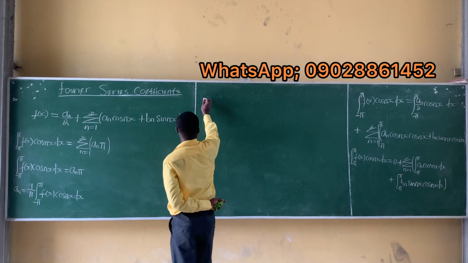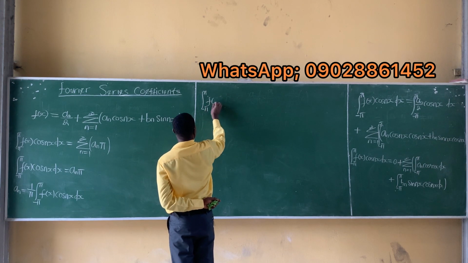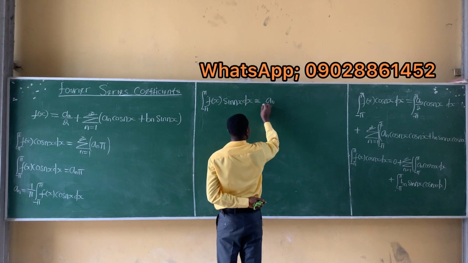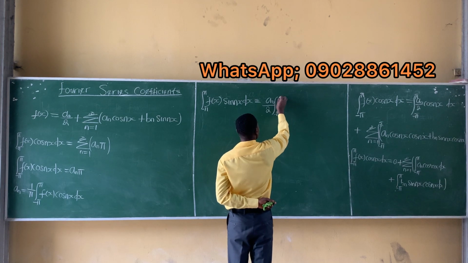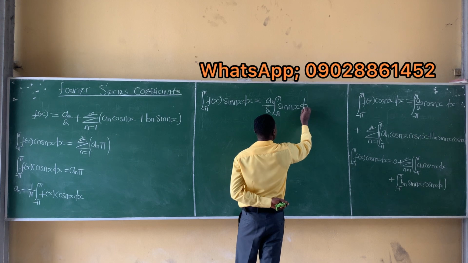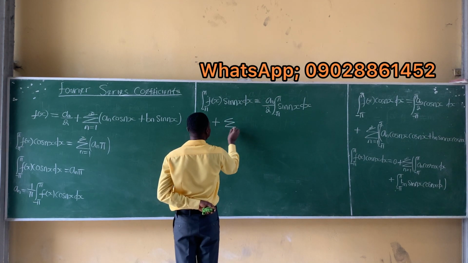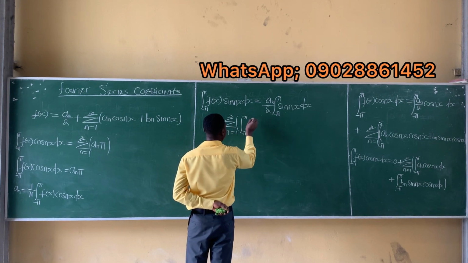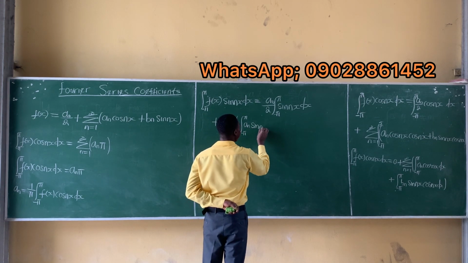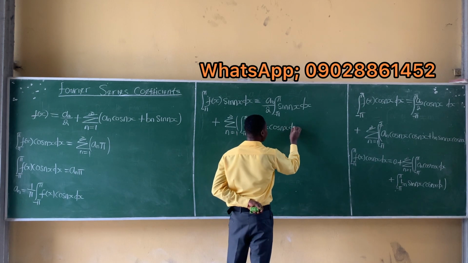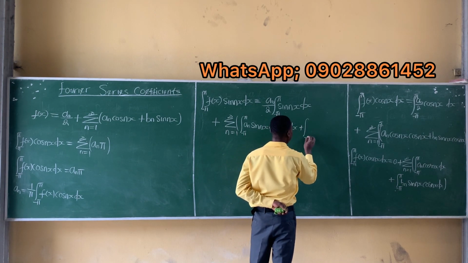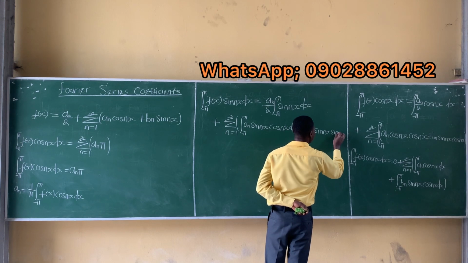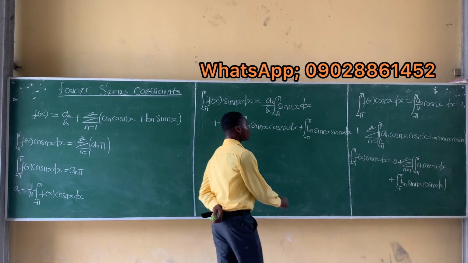So if you multiply by sine and integrate, you have the integral from minus pi to pi of f of x sine nx dx, and this is equal to a naught over 2, the integral from minus pi to pi sine nx dx, and then plus the sum as n equal to 1 to infinity of the integral from minus pi to pi a sub n sine nx cos nx dx plus the integral from minus pi to pi of b sub n sine nx sine nx dx. So this is what we have.